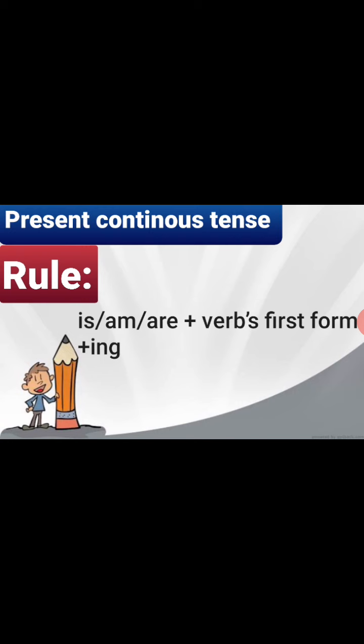Students, as we heard about the helping verbs, right? I had taught you in the beginning of the video, helping verbs are is, am, are, do, does, and has, have. So remember, in the continuous tense, is, am, are helping verbs are used, and with which verb first form plus ing.